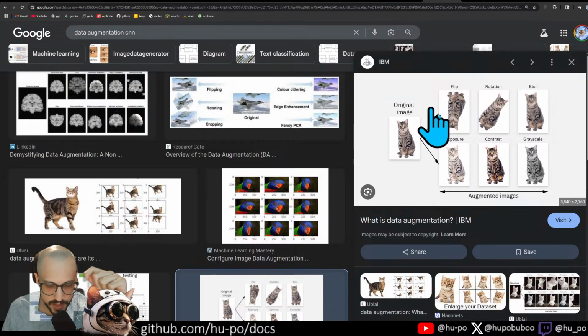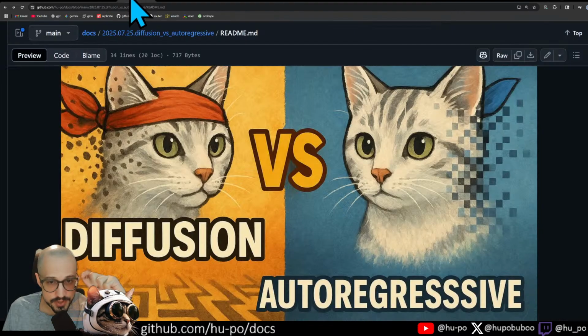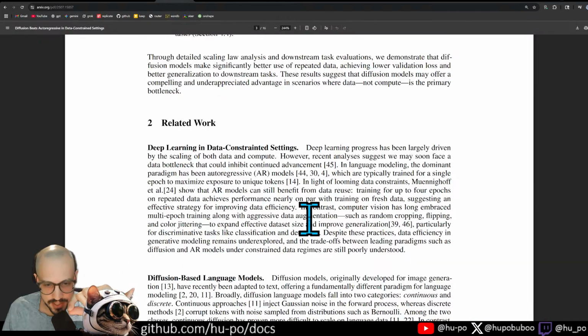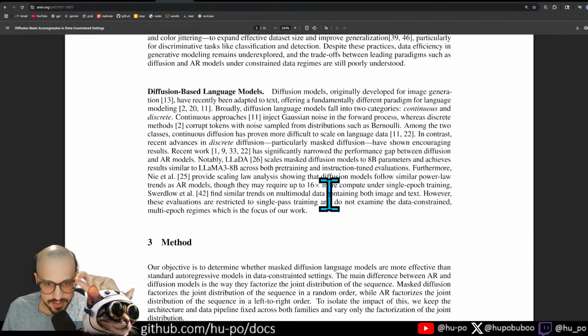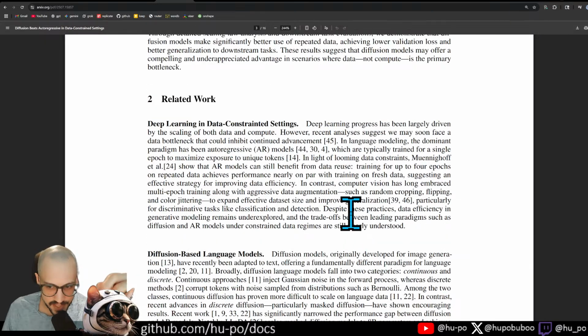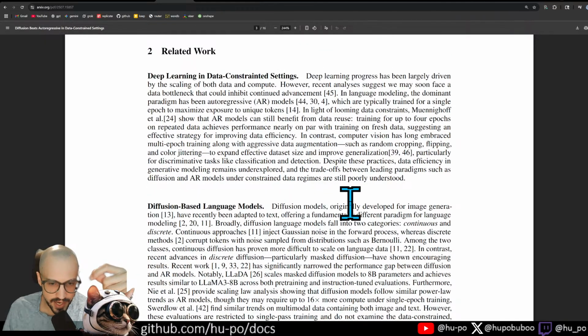When people were training these supervised classification models, this type of data augmentation in images worked very, very well. So there's a rich history of using dataset augmentation to allow for really high epoch training in computer vision.